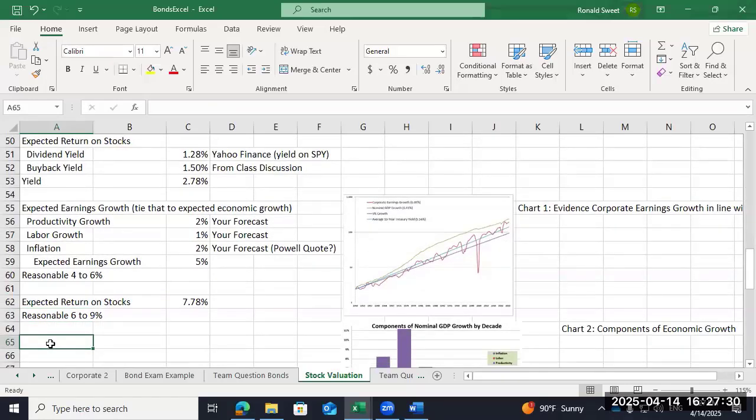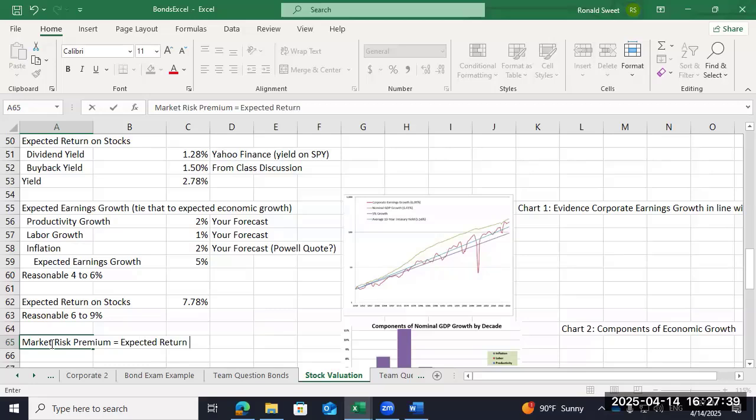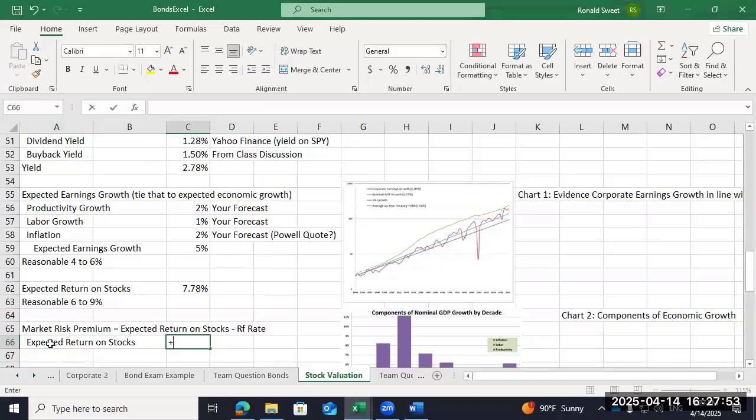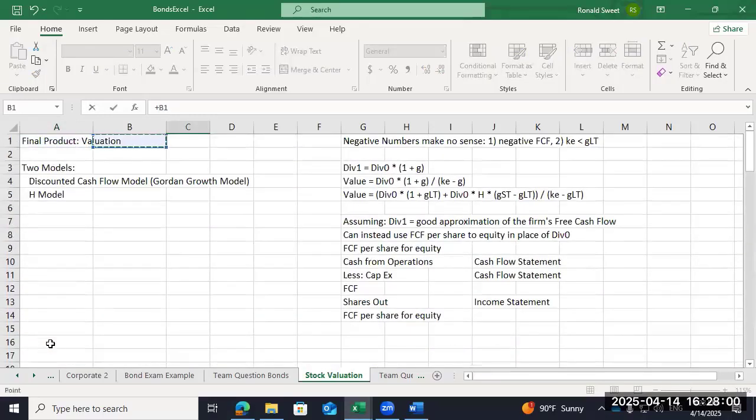So what does that make the market risk premium? It equals the expected return from stocks minus the risk-free rate. The expected return on stocks we just did. The risk-free rate we did last class.